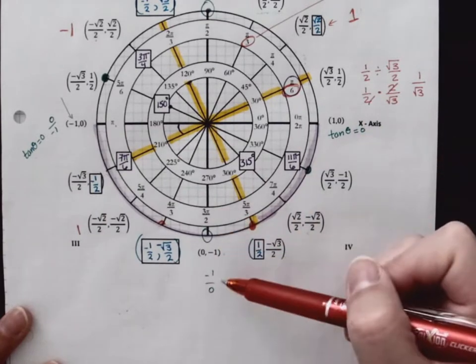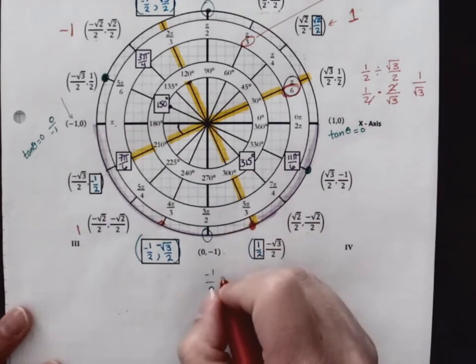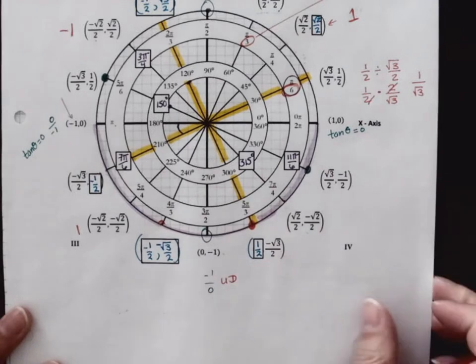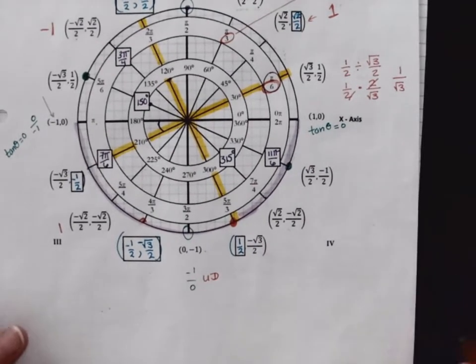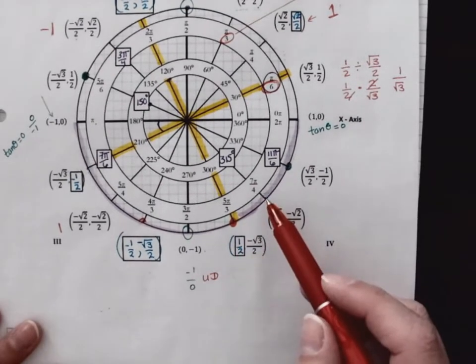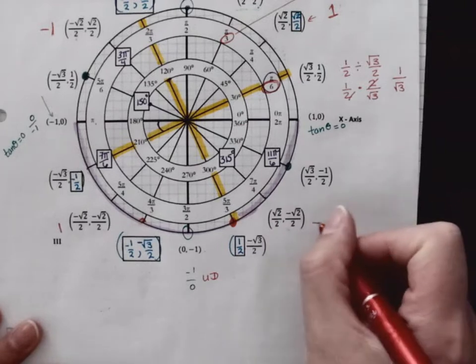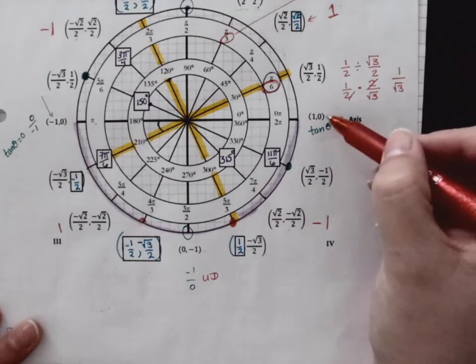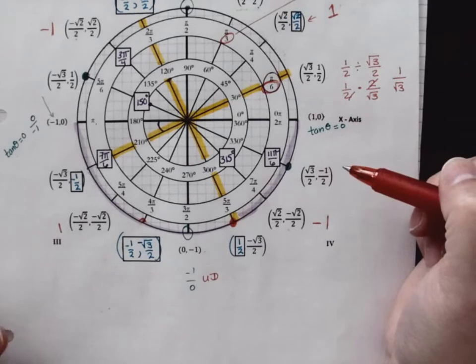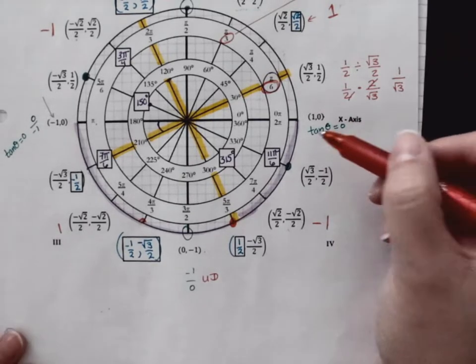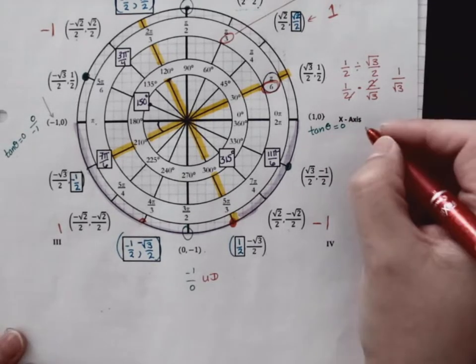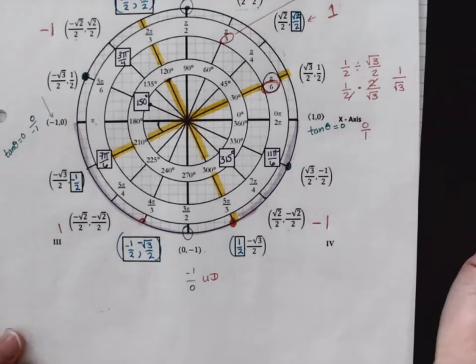And 3 pi over 2: undefined. I'm just going to call it UD so that you know that's undefined. 7 pi over 4: negative 1. And then 2 pi or 0, depending on where you are: 0. It's going to be 0 again because it's going to be 0 over 1.